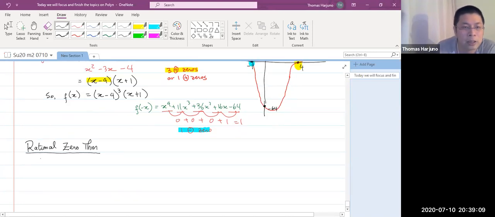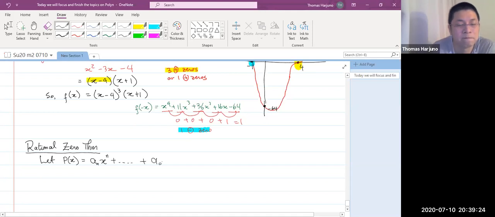And it says the following: let P of x be a polynomial with leading term a sub n x to the n and constant term a sub 0.